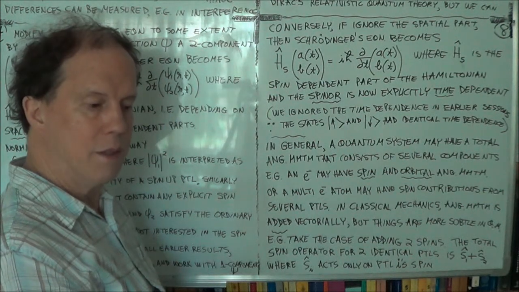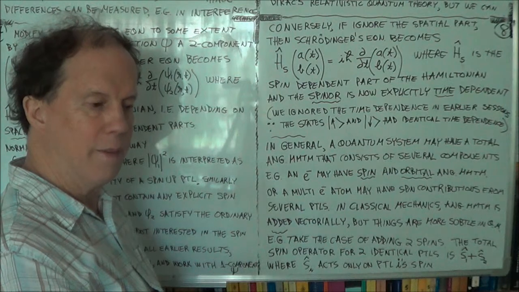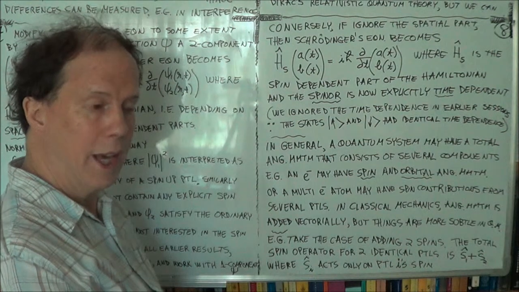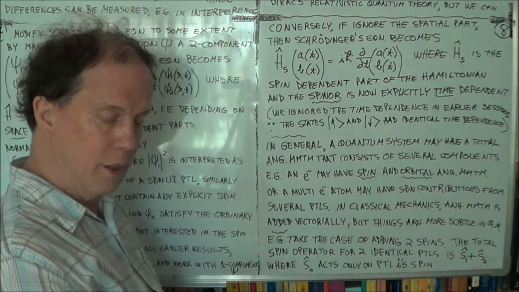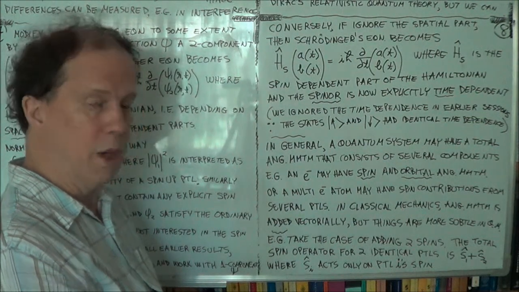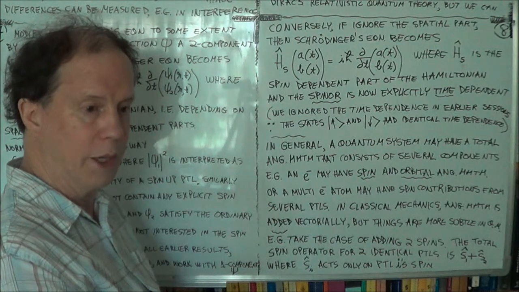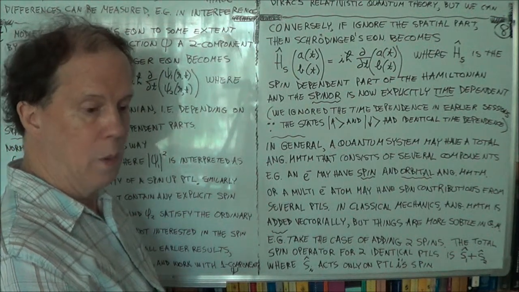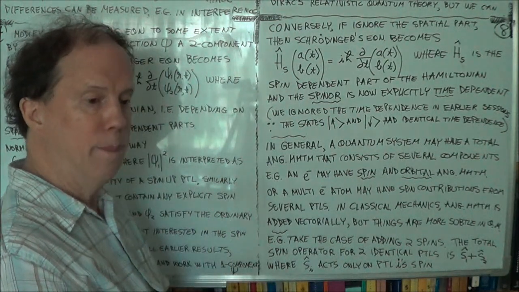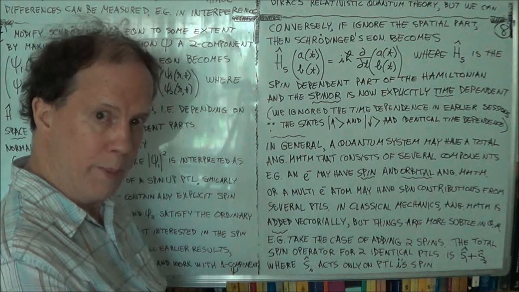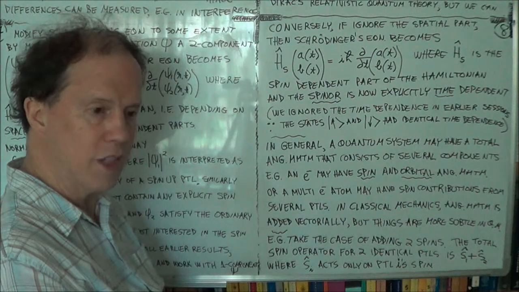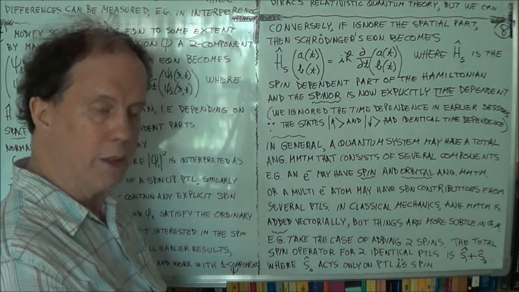So then you need to start thinking about how do you add angular momenta, plural. How do you add angular momenta in that context when your quantum system is a multi-particle system? For example, there might be two particles involved, so you have like two spins. Or you might be talking about one particle that has spin and its orbital angular momentum. So it's S hat, its intrinsic spin, or just spin, and its orbital angular momentum, L.